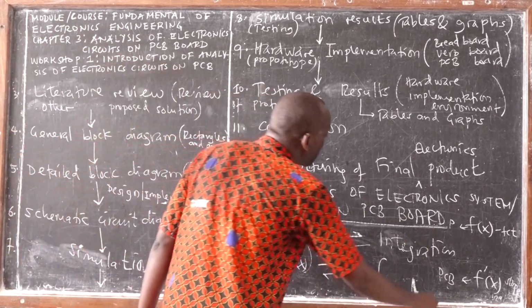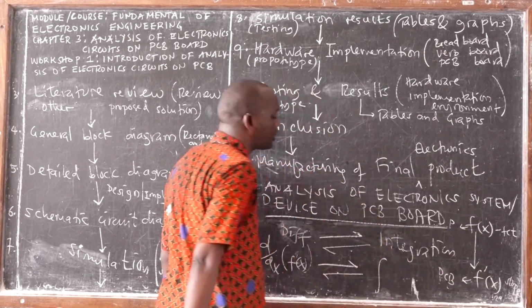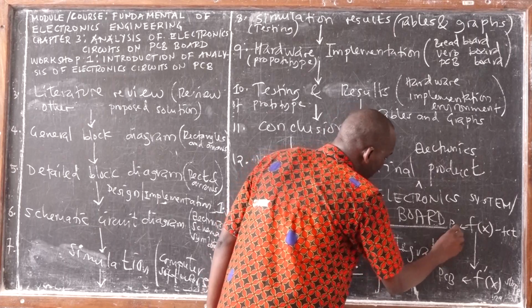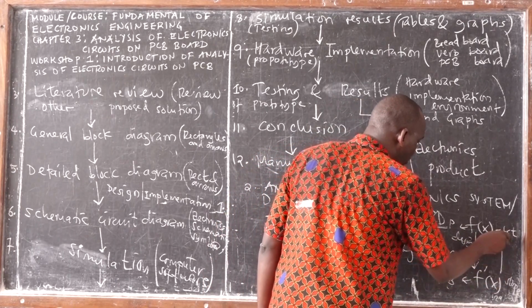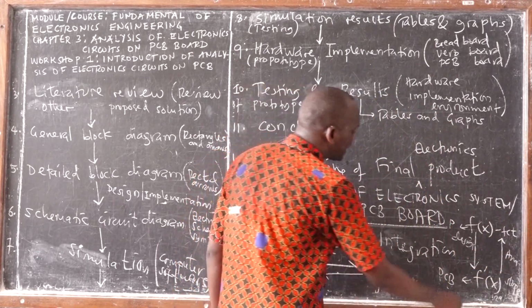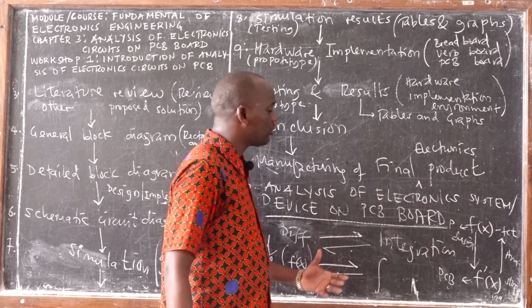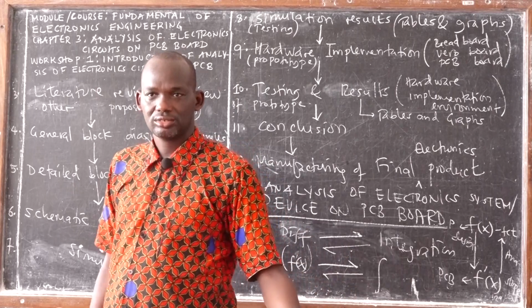So if you want to move from the problem to the PCB board, to the final product or prototype, we have to do design. If you want to move back from the PCB board to the problem, we have to do analysis. It's just like finding the gradient from the function, where we use differentiation.